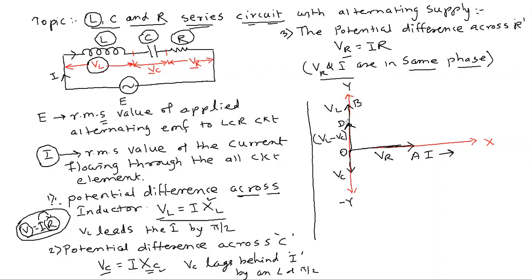Similarly, the current leads the potential difference VC by an angle of pi by 2. So VC is represented by OF. Since VL and VC, as I told you, are both in opposite phase, their resultant is VL minus VC, and it is represented by OD.